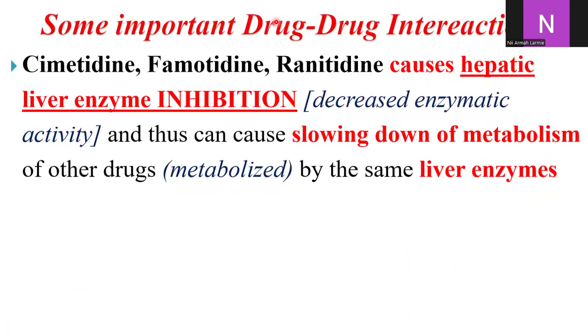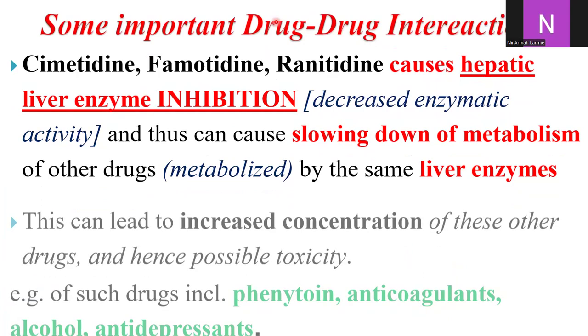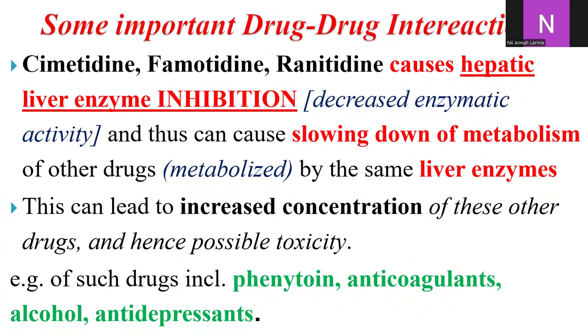Now, when it comes to the H2 receptor blockers, it's been noted that they have drug-drug interactions with various drugs, especially cimetidine, famotidine, ranitidine. This is simply because the cytochrome P450 enzymes responsible for working on these drugs are known to be inhibited.